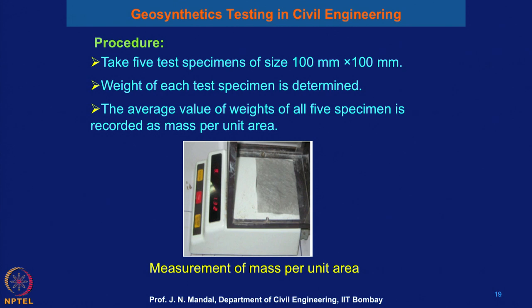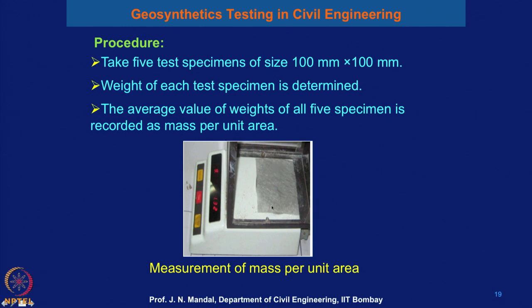How will you proceed to perform the test? The procedure is like this. You take 5 test specimens of geosynthetic whose size is 100 millimeter by 100 millimeter. Then the weight of each test specimen is determined, and you take the average value of the weight of all 5 specimens, recorded as the mass per unit area.